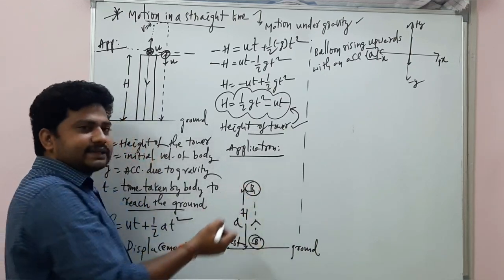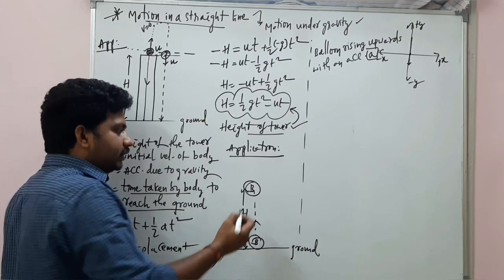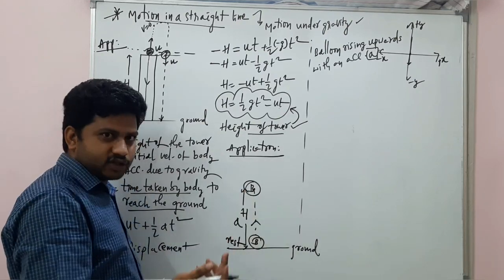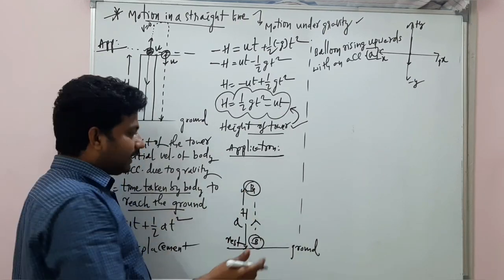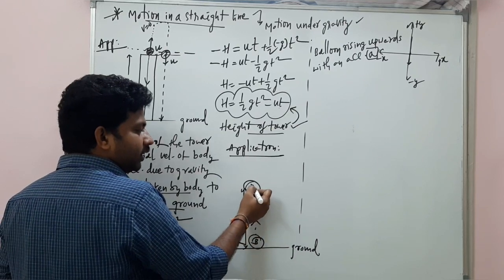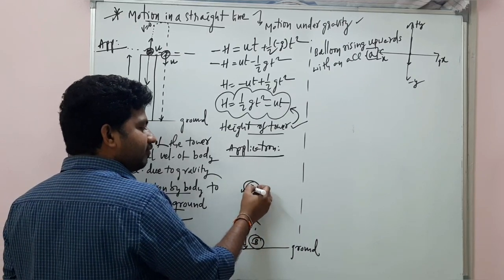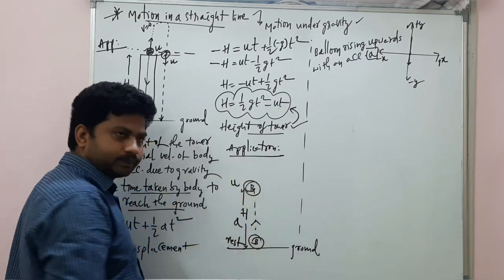As the balloon is accelerating, definitely there will be some velocity at this point. As it is moving up, there must be some velocity, right? So here, the body will be moving with some velocity, imagine u, right?